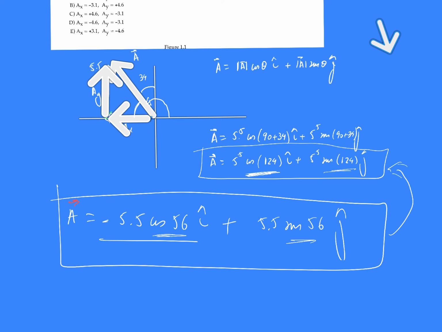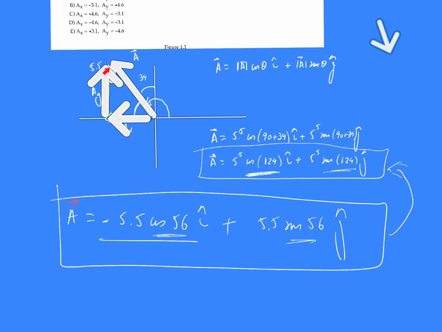What's the difference here? When you do it this way, you are visualizing the vector. You know that this is the vector that they are asking you the components of. So you say this vector is the sum of this one plus this one. What is the magnitude of this one? 5.5 cosine of this angle.